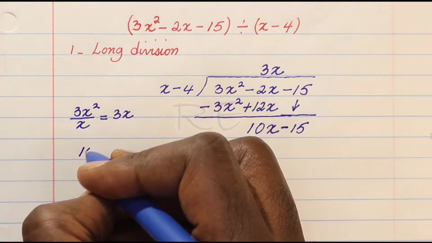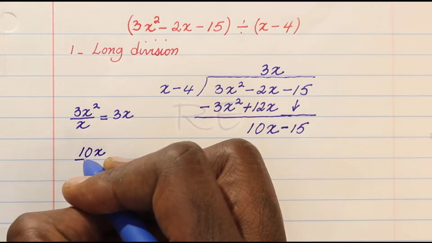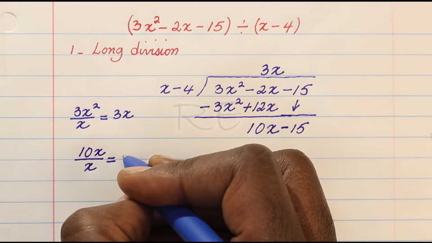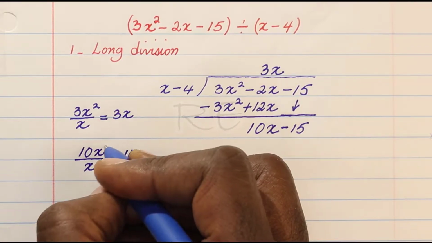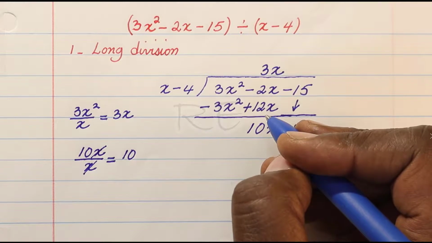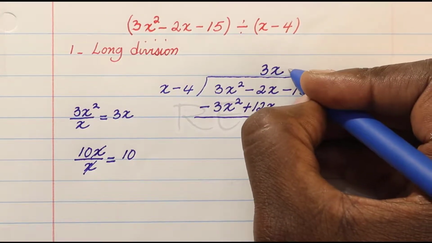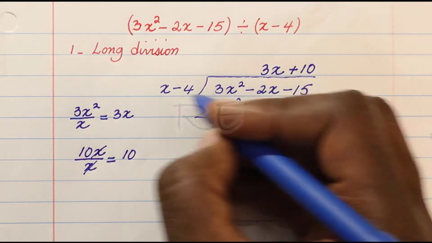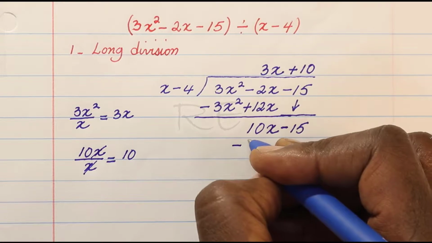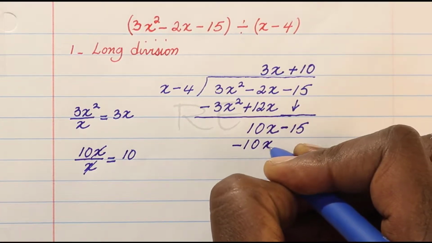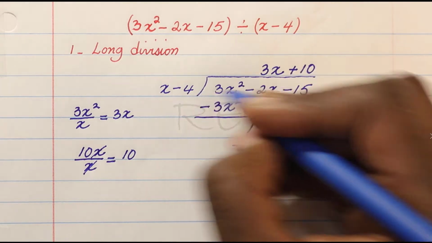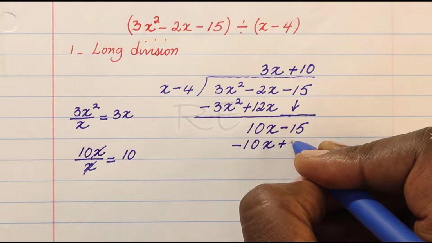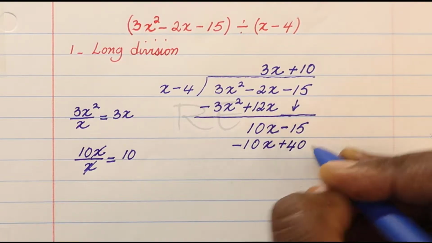We're going to divide 10x by x, which will give us 10, in order to find the quotient. So plus 10 is the quotient, because 10 times x is 10x. We'll change the sign. That way we'll get a 0 for the first term. 10 times negative 4 is negative 40. We'll change the sign, 40.